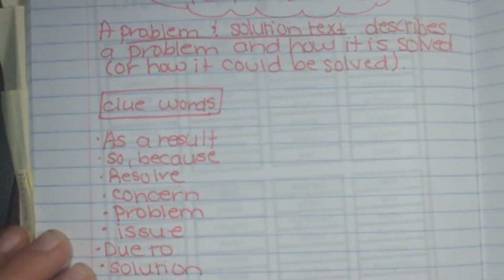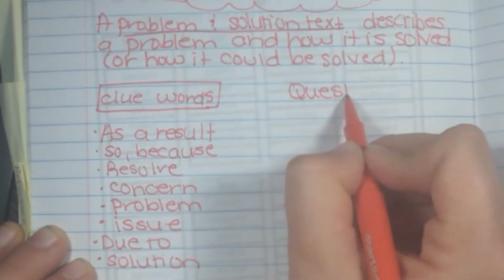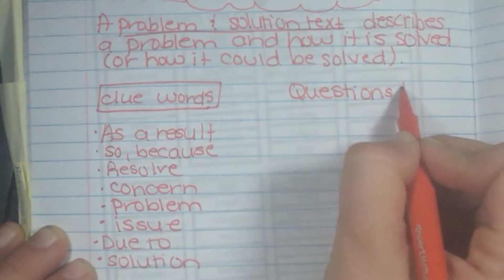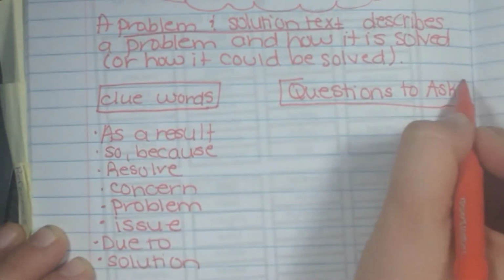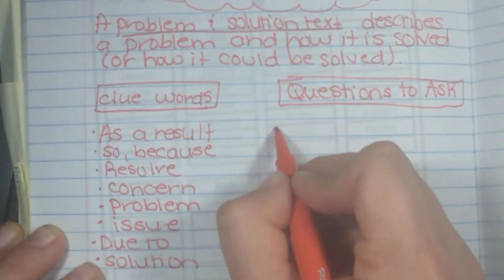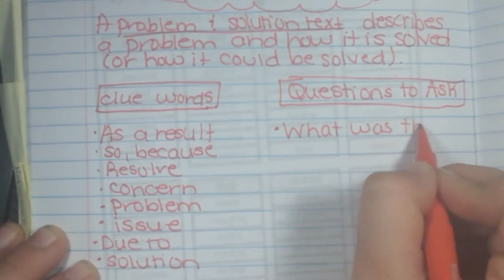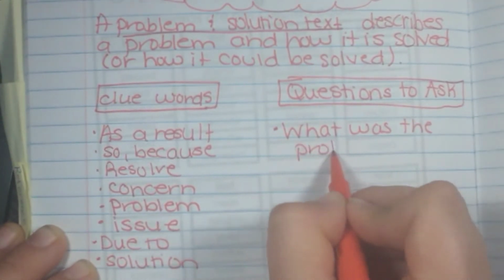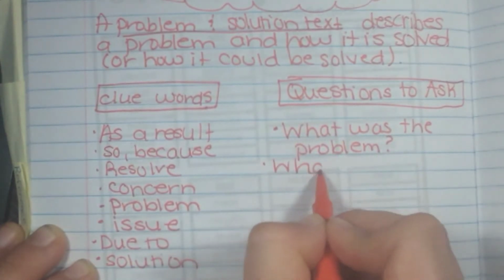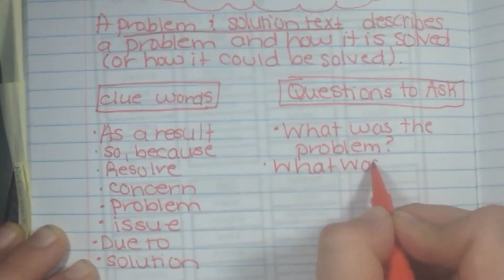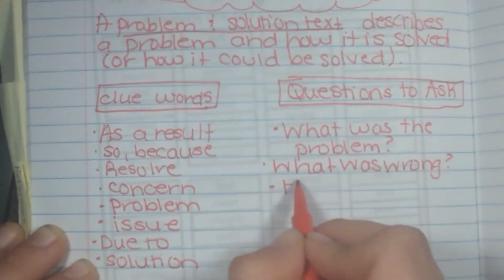Those are some keywords. Some questions to ask while looking at a text, to find out if it is a problem and solution text structure, are: what was the problem? What was wrong? How was it solved?